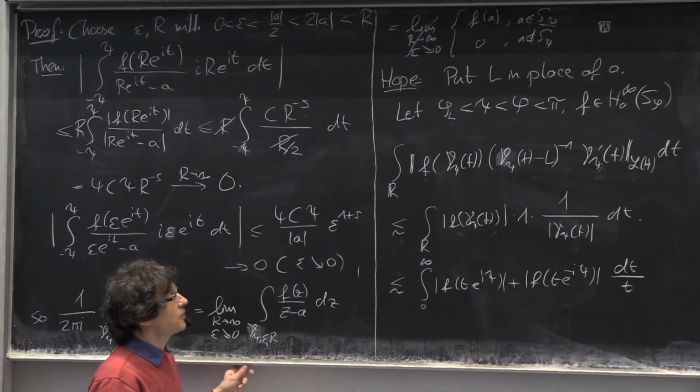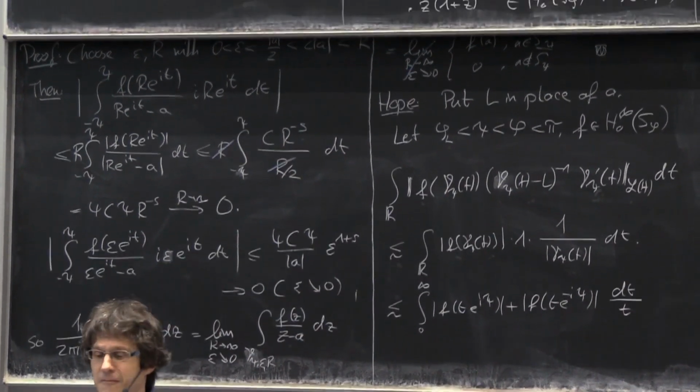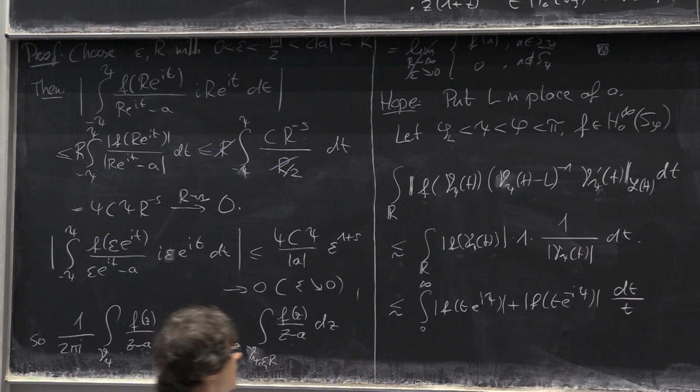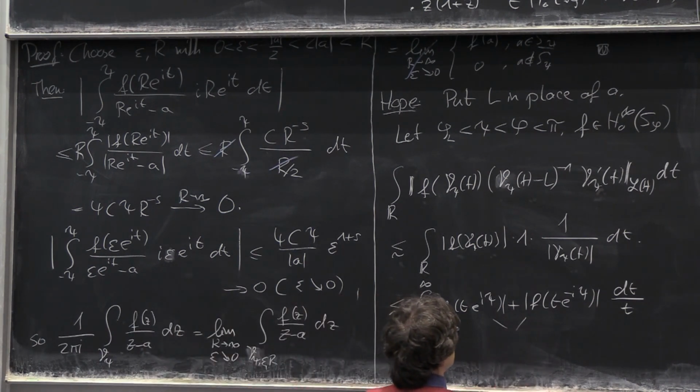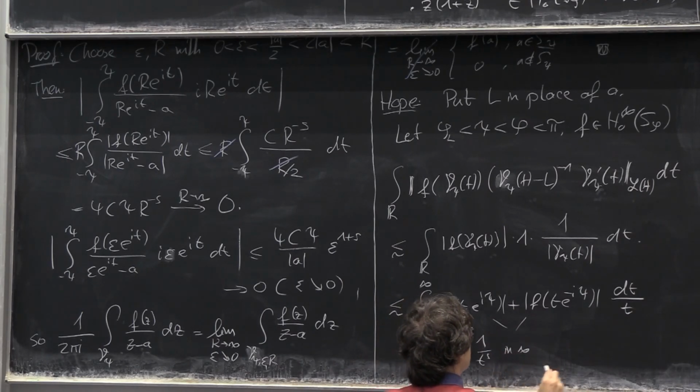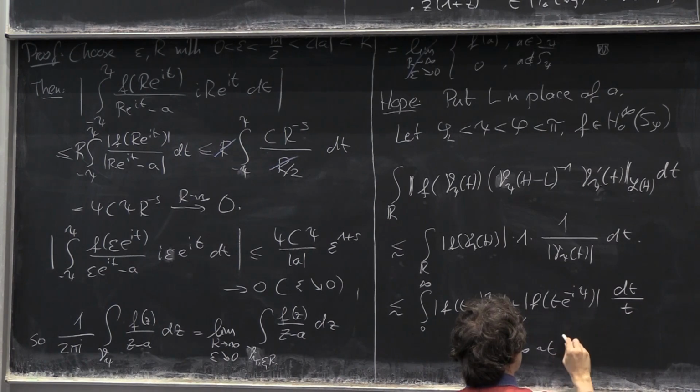Now you see we have exactly taken the right choice in taking H infinity 0, because this behaves like 1 over t to the s at infinity, and like t to the s at 0.